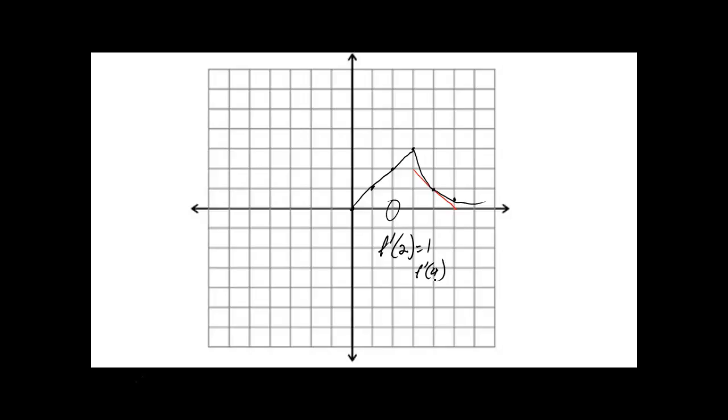Anyone want to hazard a guess there? -1, because if indeed that is a tangent line, which we assume it is, it kind of looks like it in the book, it's even more so, the slope of that tangent line, which is the first derivative, is going down 1 for every 1 to the right, so that's a -1. So f prime of 4 is equal to -1. Very good. Now let's do f prime of 3. What say you?